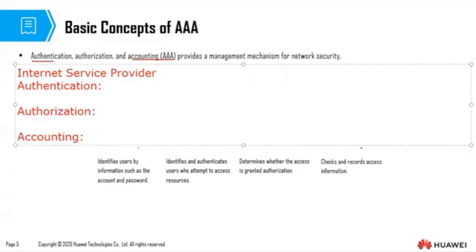Normally, when you connect to your internet, you have to be authenticated. For example, if you're using your mobile phone, they use your mobile phone number to authenticate you. Is this number legit? Is it active? So we authenticate you through that.